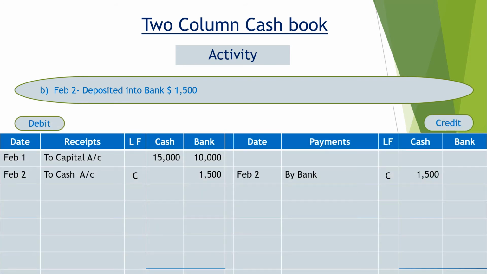Symbol C in folio column, which shows it's a contra entry. A contra entry will not be posted as this cash book itself is a ledger account for cash and bank. So here bank increased when deposited cash and cash decreased on credit side.